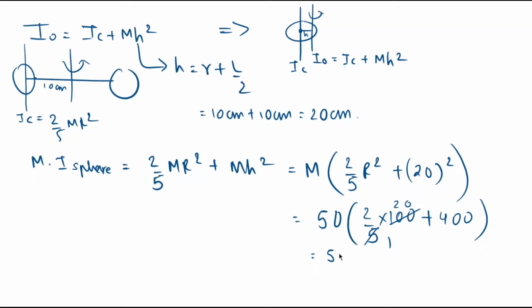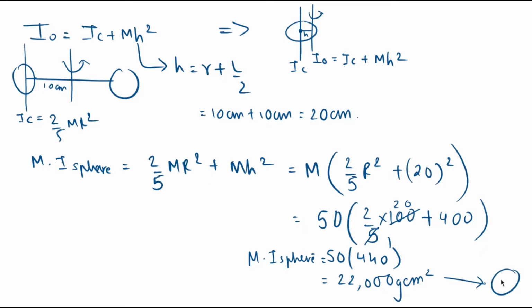So 50 into 440 will be the moment of inertia of the sphere. This will be 22,000 gram centimeter squared. Let's call this equation 3.